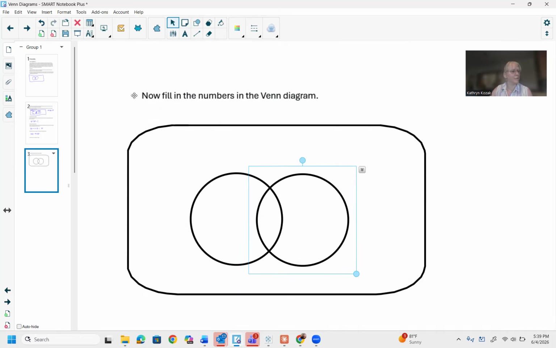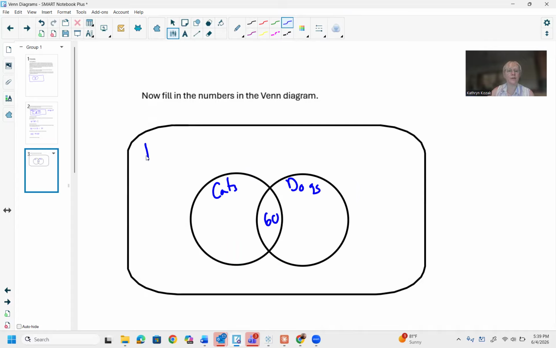And then I've got 60 in the middle. Oh, I should say that this is cats. This is dogs, helps to label everything. And this is just people.